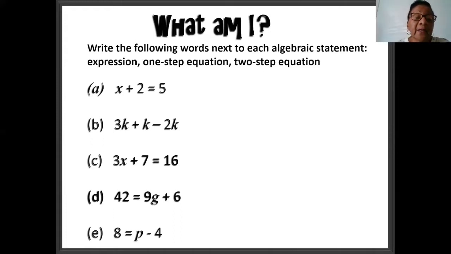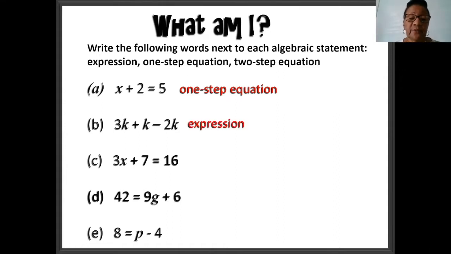A. x plus 2 is equal to 5. That is a one-step equation. You have that? That is good. B. 3k plus k, take away 2k. And we say that that is an expression. So why is it an expression? An expression doesn't have the equal sign.